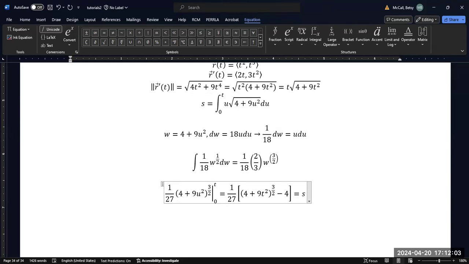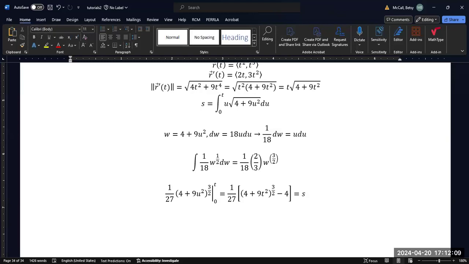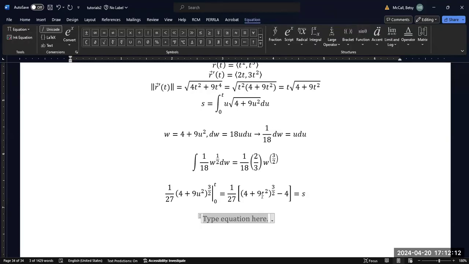So now the challenge that we have is we now have to solve for t in terms of s. So let's see, I multiplied by 27, I get 27s is equal to 4 plus 9t squared to the 3/2 minus 4. And so then I get 27s minus 4 is equal to 4 plus 9t squared to the 3/2.